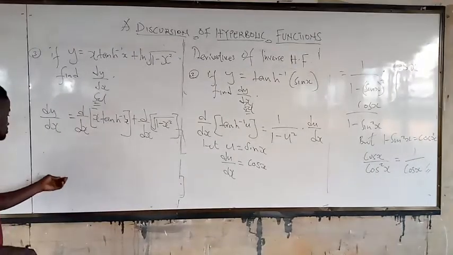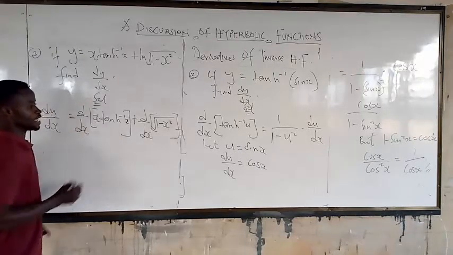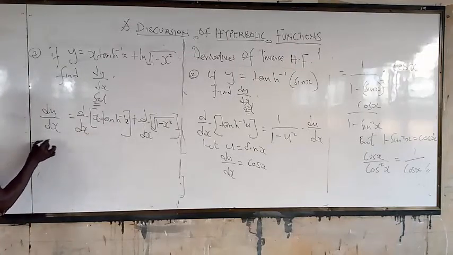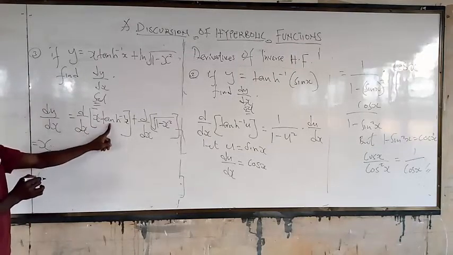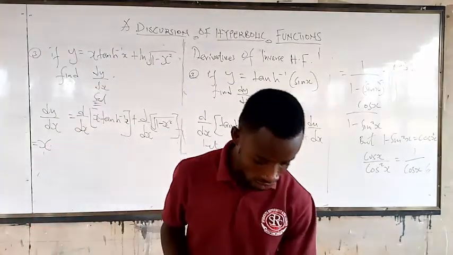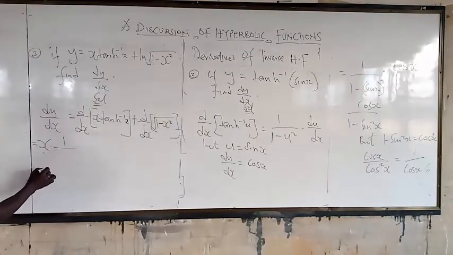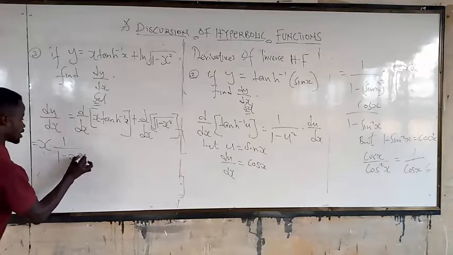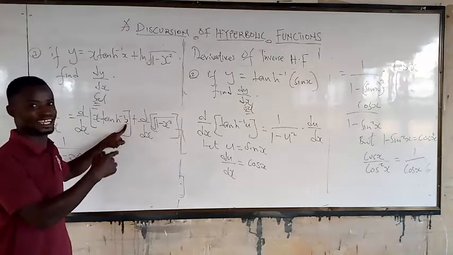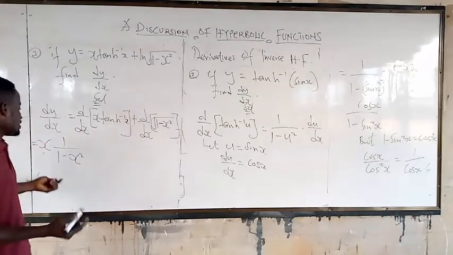So now, let's go. Here, we can see a product rule, right? So we leave this one, differentiate tan inverse of x. And what are you going to get for that? You're going to get 1 over 1 plus x squared. If you set u to be x, du/dx is 1, and this will not affect anything.